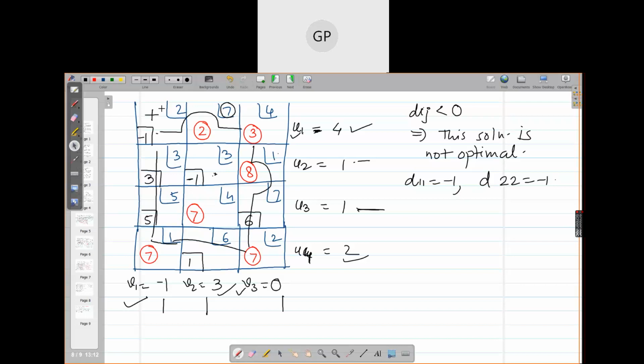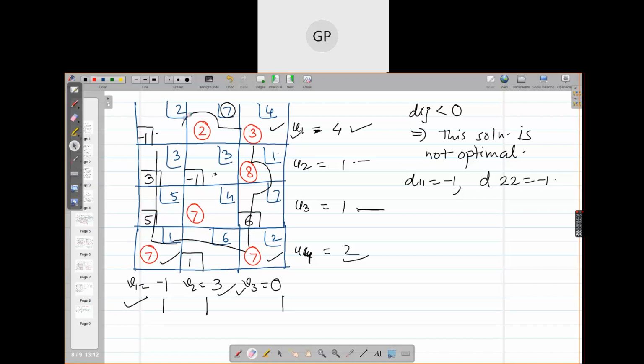Do you understand? So this cell, this cell, this cell, and this cell are there in my loop. You can skip the in-between cells. Otherwise, if you choose D22, it is very easy to find the loop.